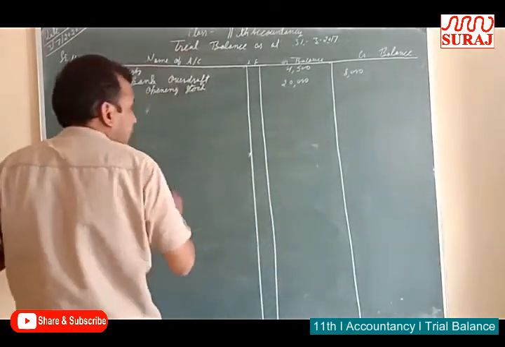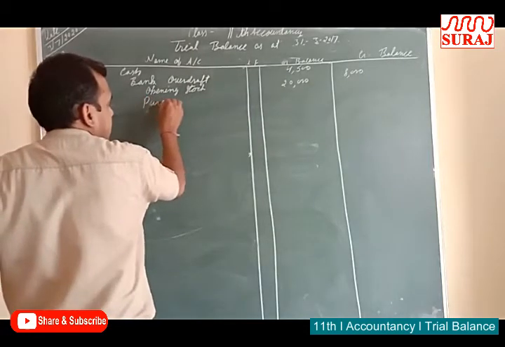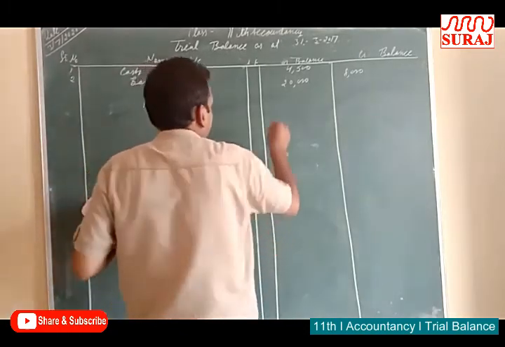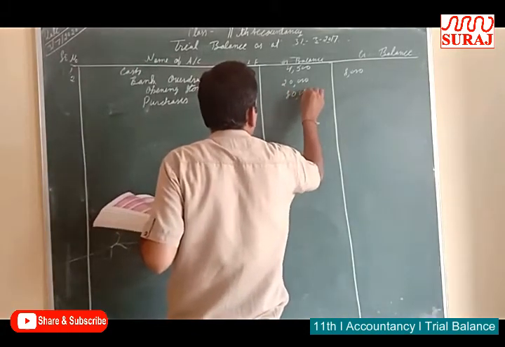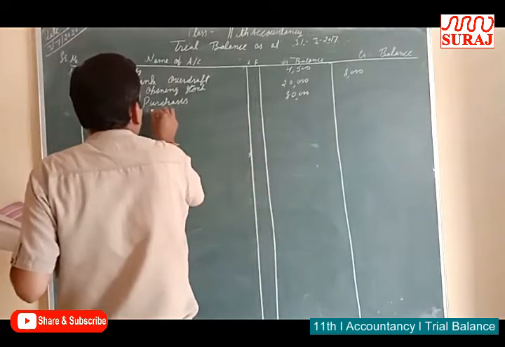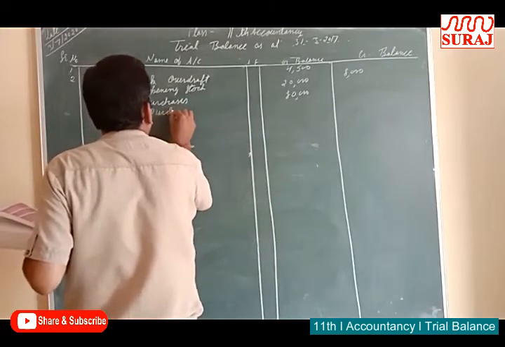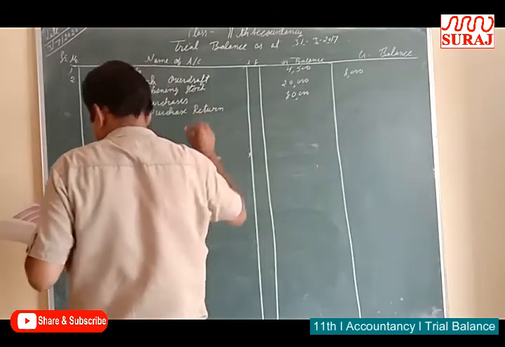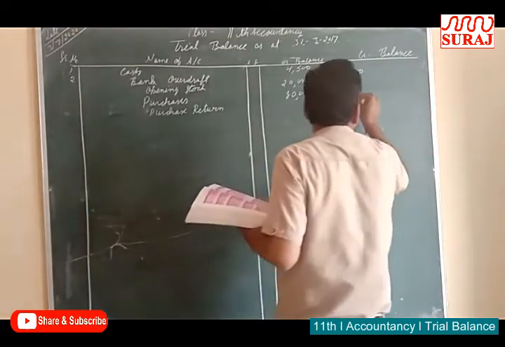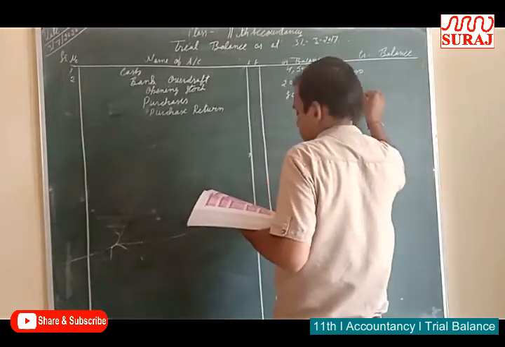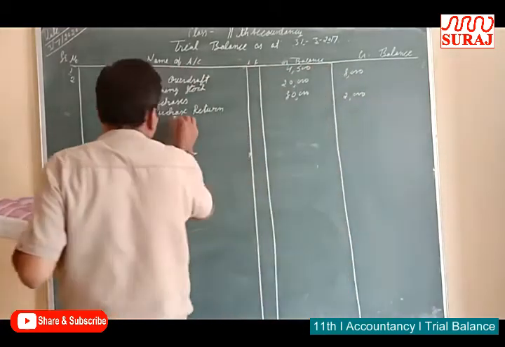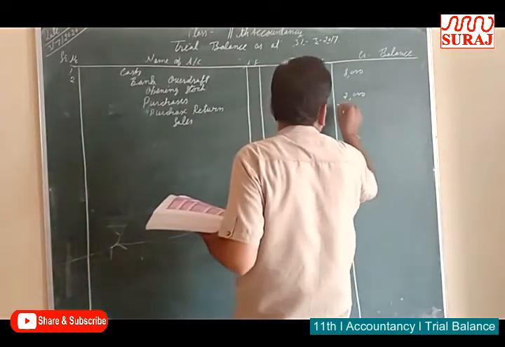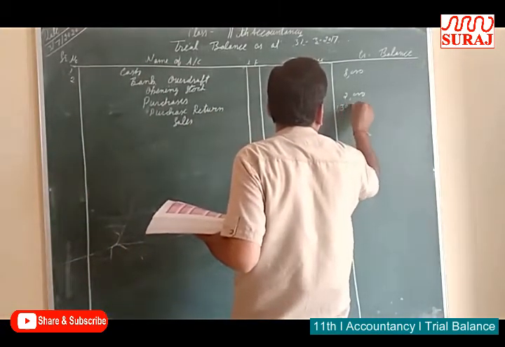Next, purchases, an expense, have debit balance. Purchase return, credit: 2,000. Sales, income, credit: 1,30,000.